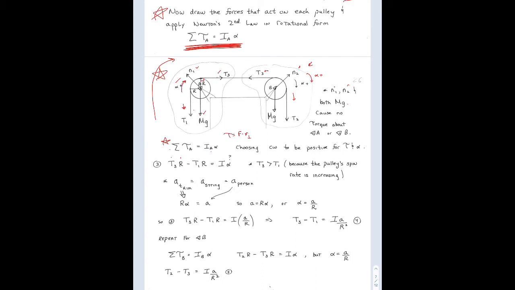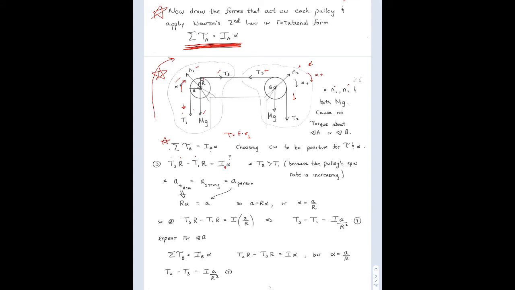That's always a freebie: your moment arm is the radius. And then T1 is a negative torque. It's trying to rotate the wheel counterclockwise, so T1 exerts a negative torque. Those are my two torques, and that's equal to I alpha, my moment of inertia about axis A times alpha.